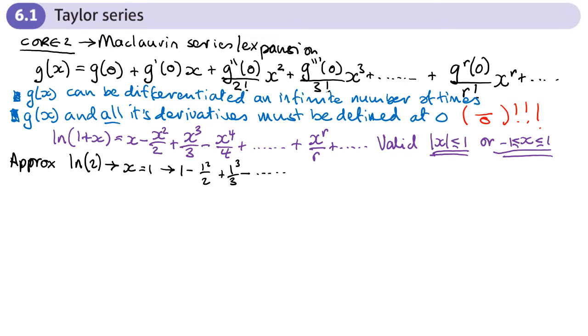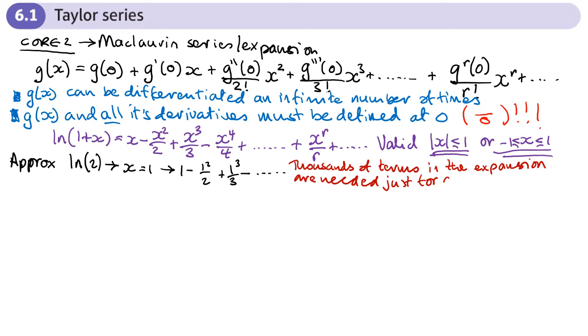Okay, so thousands of terms in the expansion are needed just for a low degree of accuracy, which isn't particularly useful. And in fact, the expansion for the log of 1 plus x is better, more efficient when x is close to 0.